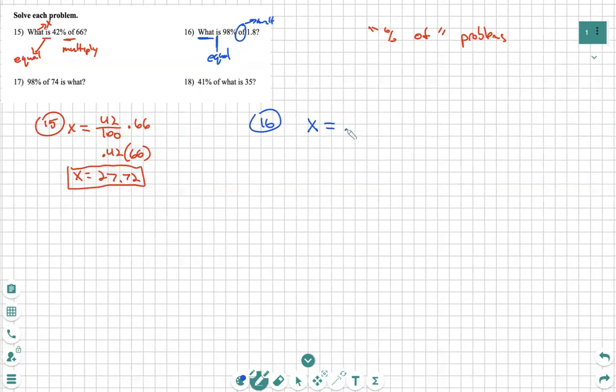So we see 98%, which can be written as 0.98 of 1.8. So we'll do 0.98 times 1.8 in our calculators, and that will give us the proper answer that we need. And I get x to be equal to 1.764. Perfect.